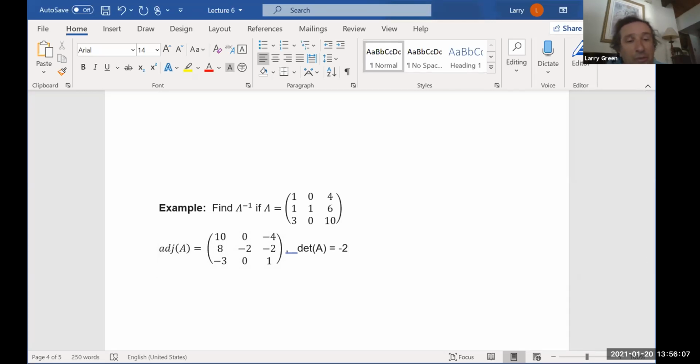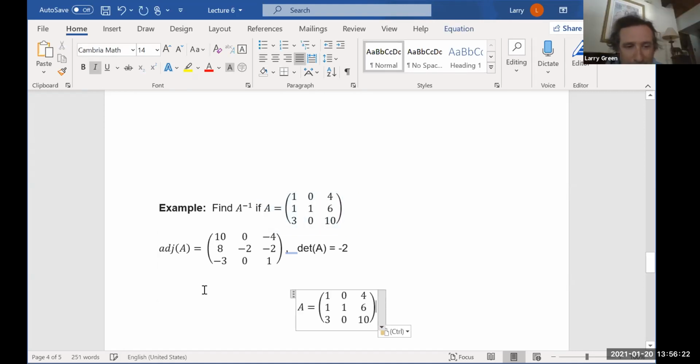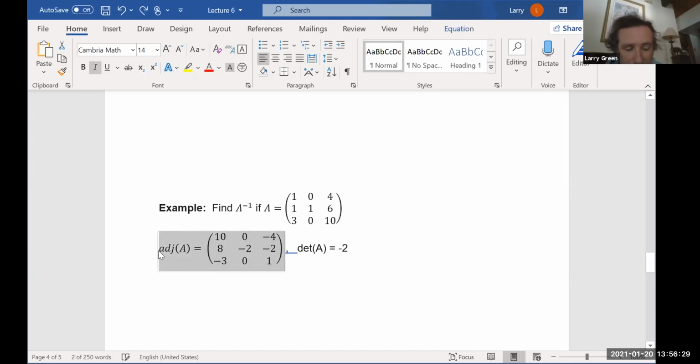So to find the inverse, what do I have to do? Multiply each entry by 1 over -2. Yep, -1/2. So I just multiply each entry by -1/2. So let's copy and paste this and then adjust.